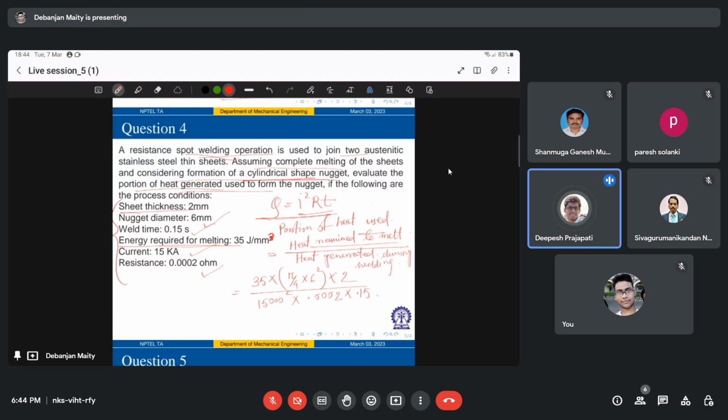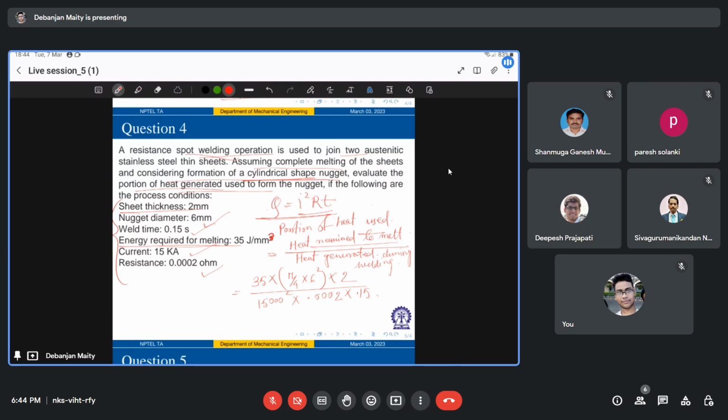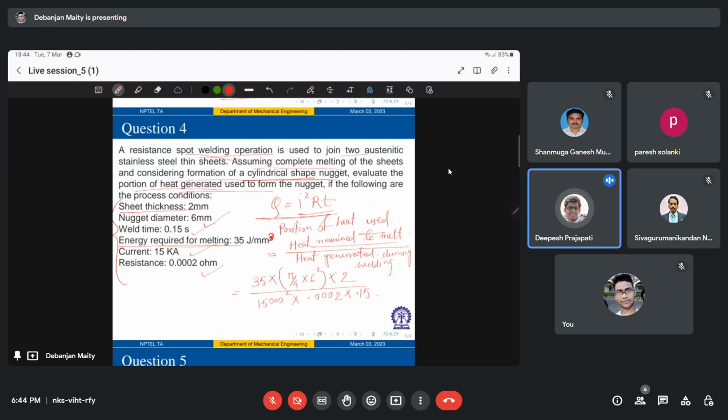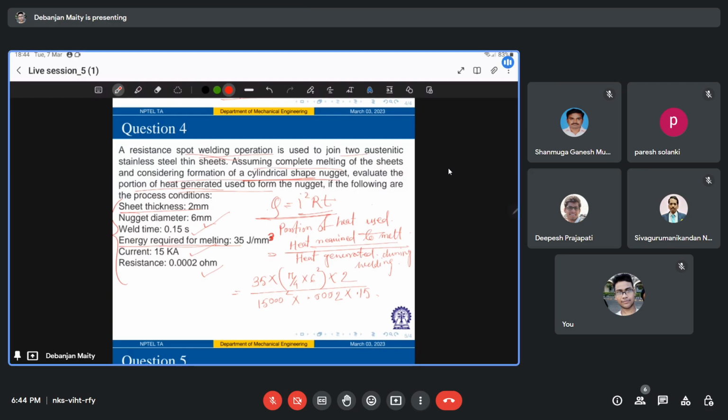And there are two sheets, right? It has got welded. We have two sheets. So the nugget, the length of the nugget, shouldn't it be 4? Yes.